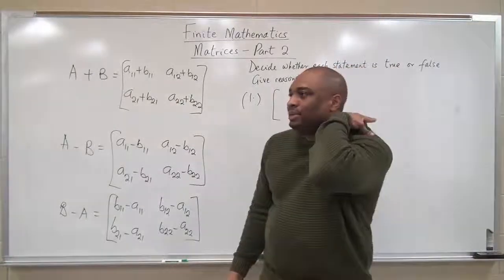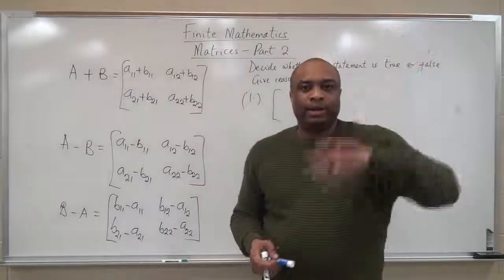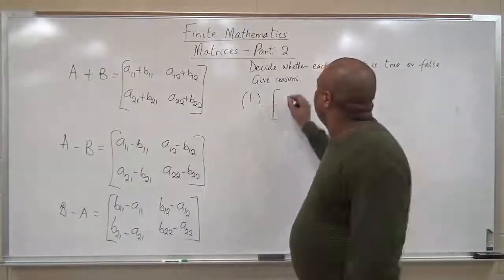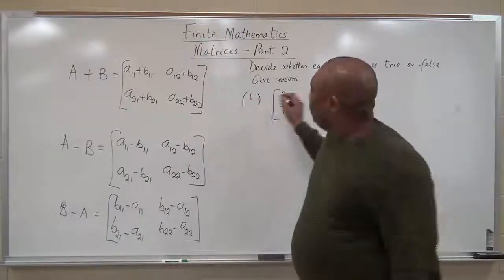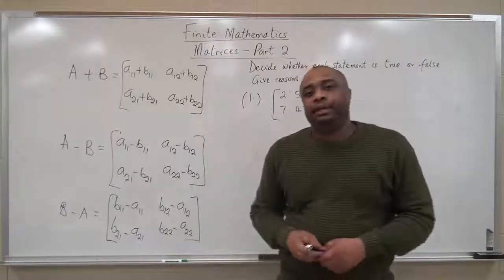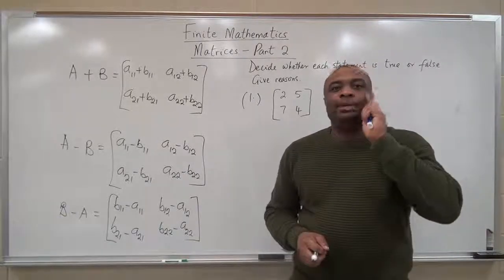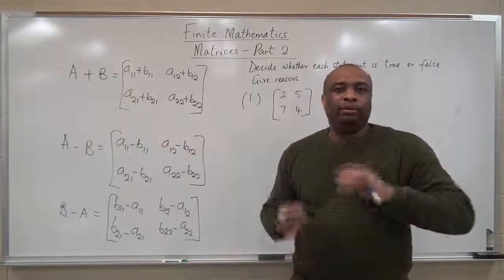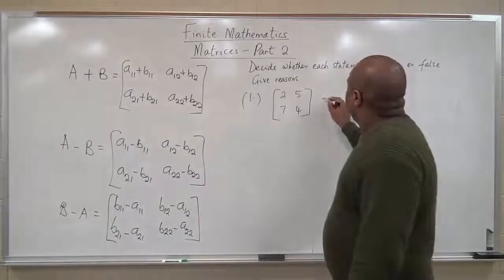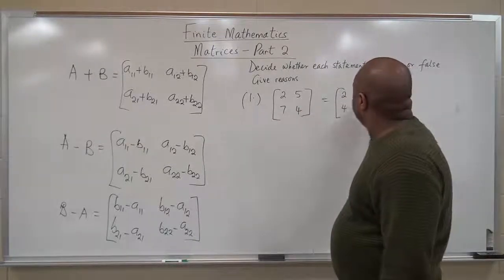Sometimes the professor will call the elements by row or by column. So if I'm calling by column 2, 7, 5, 4, the professor will tell you the size or the order of the matrix, and then call the elements for you, either by column or by row, just for you to know how to write it, is equal to 2, 7, 4, 5.